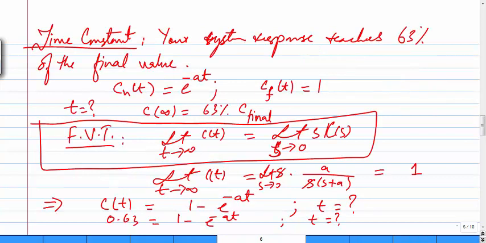Now we have some properties of the first order system. The first one is known as the time constant. Time constant is defined as the time when your response reaches 63% of the final value. For example, in our example, the final value is 1 and 63% of 1 is 0.63. Now if I put 0.63 in this equation and try to find the time, that time is known as the time constant.